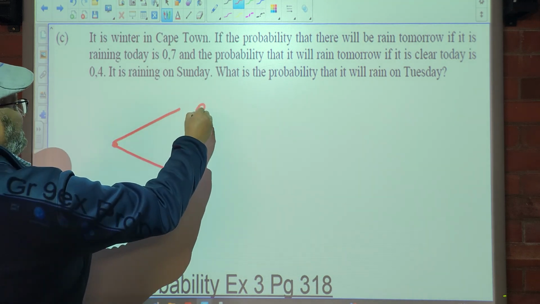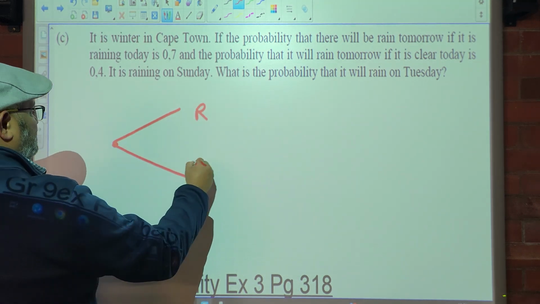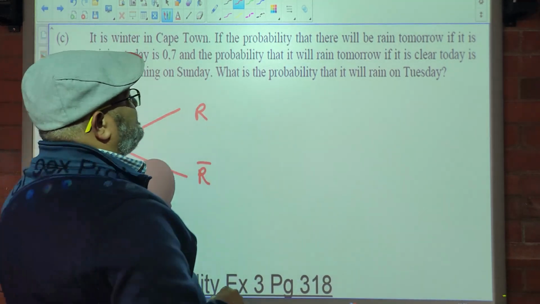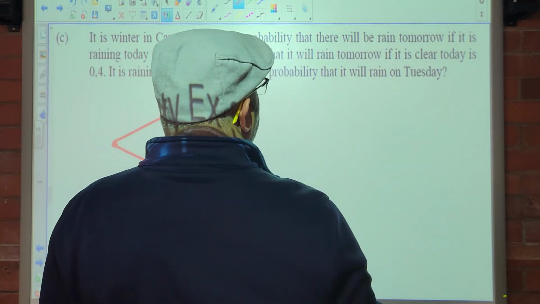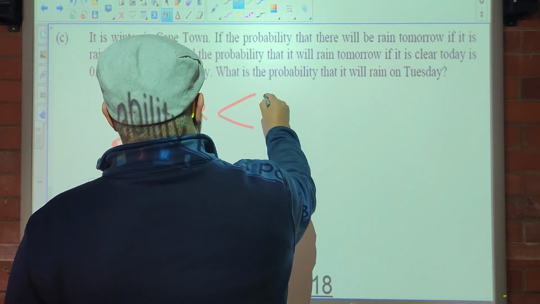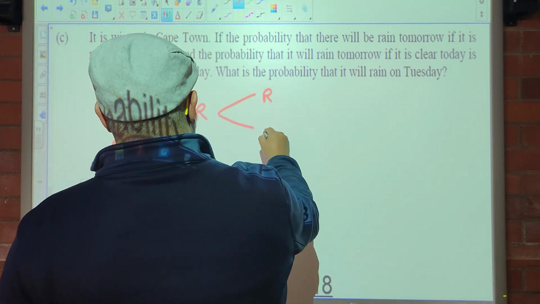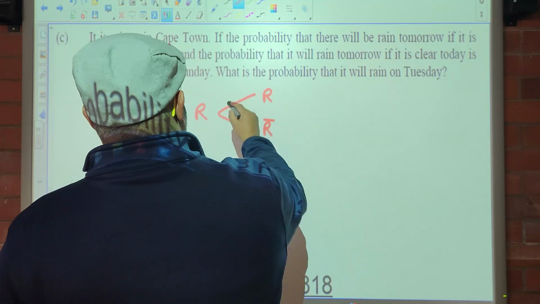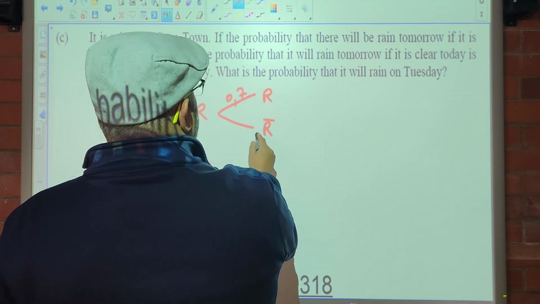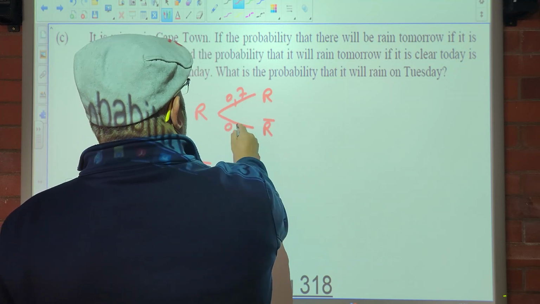So it will rain today, so this is today. Okay? Rain and not rain. Okay, so if the probability that there will be rain tomorrow, if it rains today, is 0,7. So what's the probability that it will not rain if it rains? 0,3.